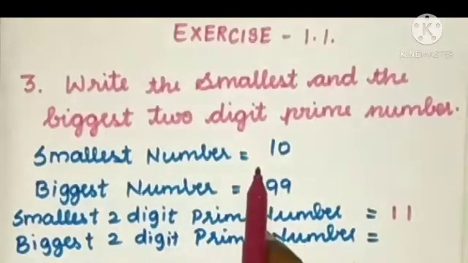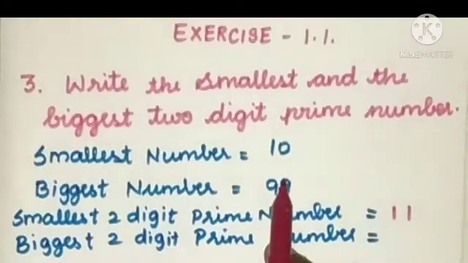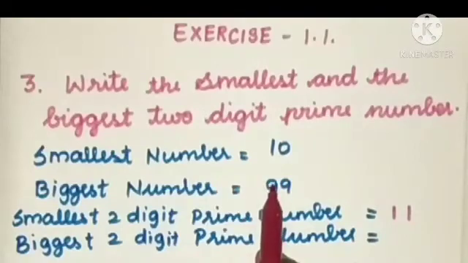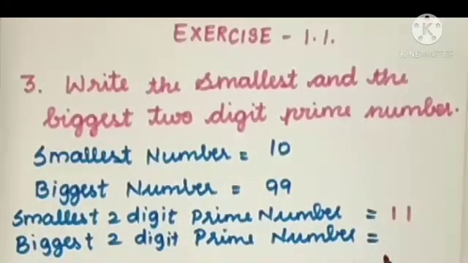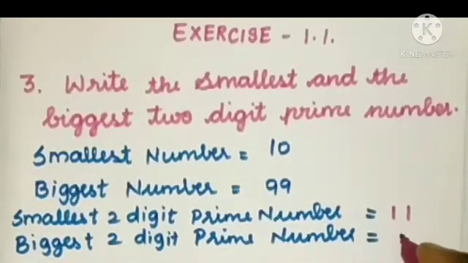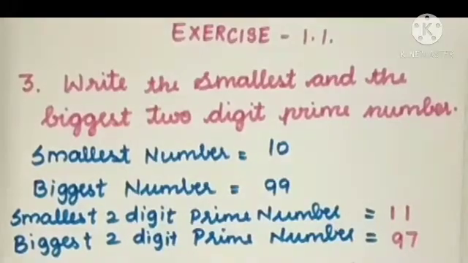Then move on to 98. 98 is a composite number because it has more than two factors. Then 97. 97 is a prime number because it has only two factors, 1 and 97. So the biggest two-digit prime number is 97.